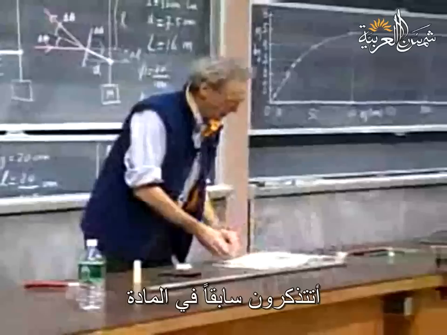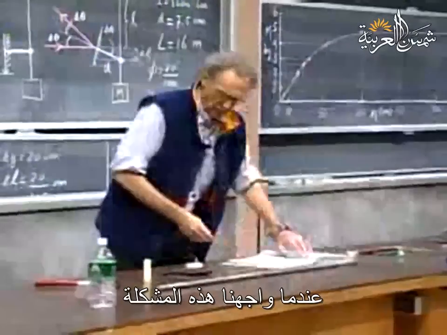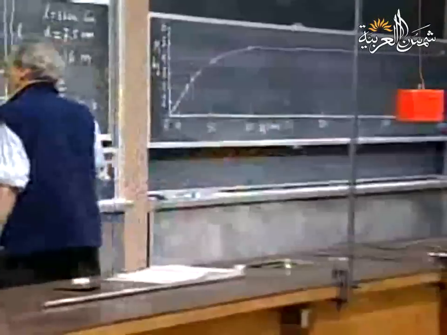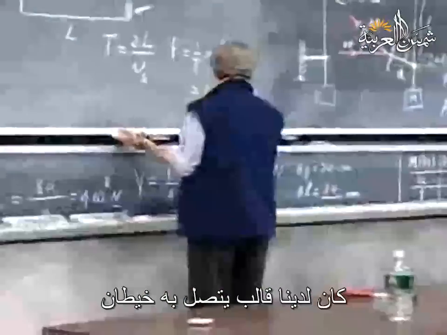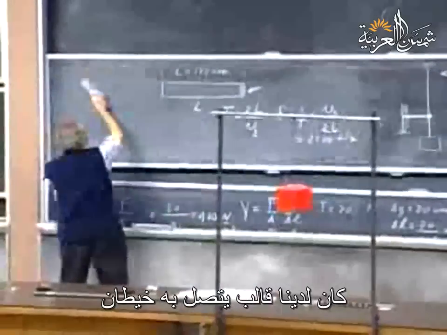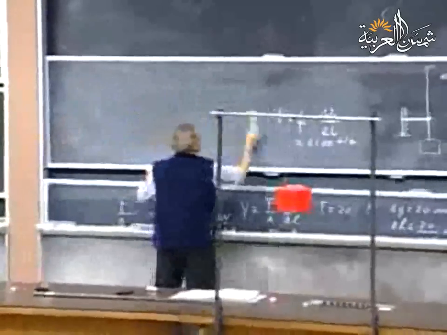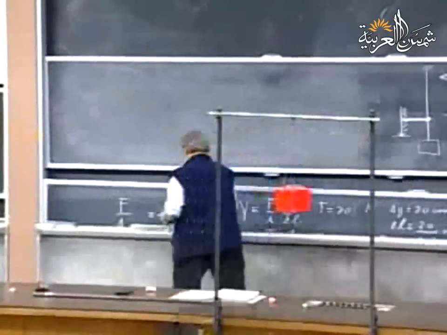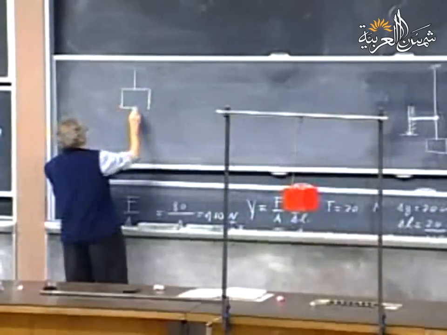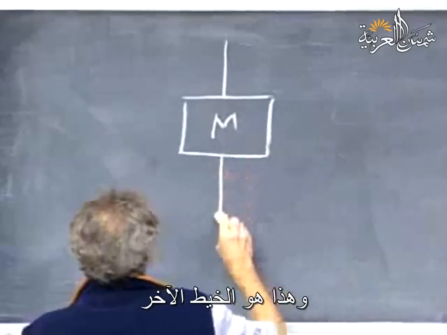Remember earlier in the course that we were wrestling with this problem. We had a block and we had 2 strings attached to it. Here is one string, here is the block, and here's another string.